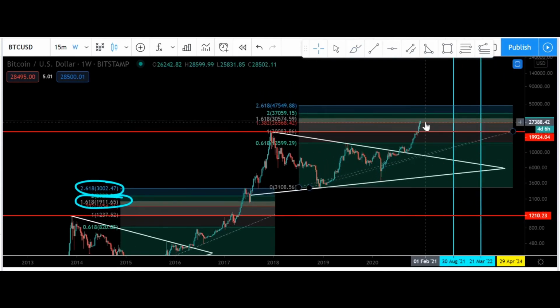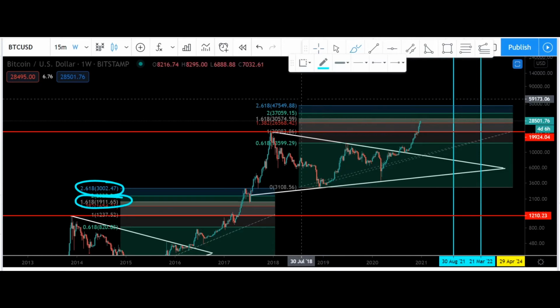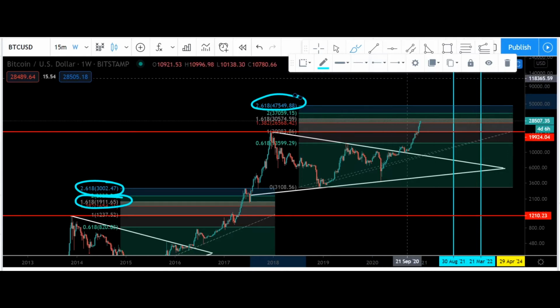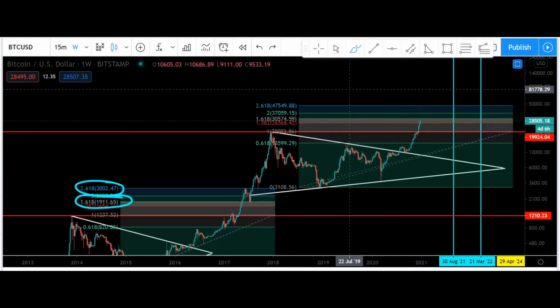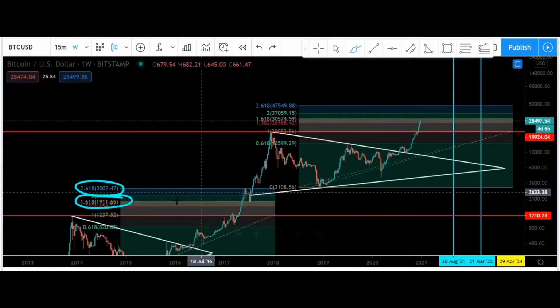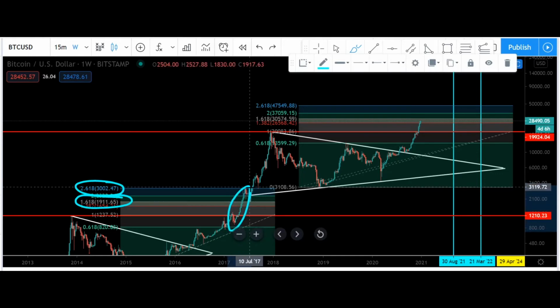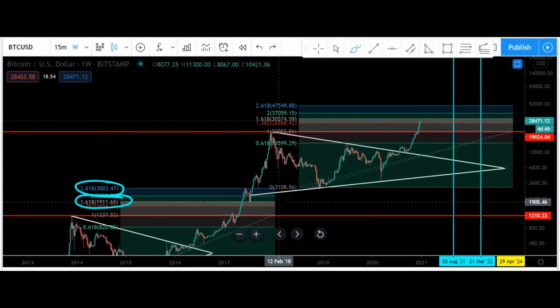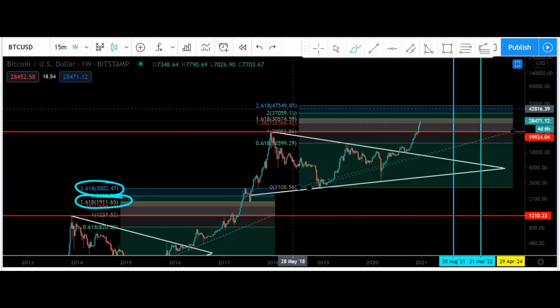What could happen is we might actually be seeing targets closer to 45 or 50,000 US dollars a lot quicker than most people are thinking, including myself, guys. I'm not saying we're just going to absolutely take off and go to $50,000, but if this previous market cycle is any indication, and it has been treating me so well since back in May or June, it's definitely something to consider.